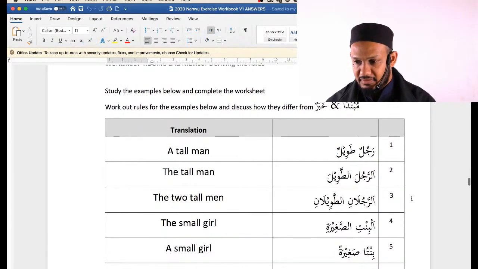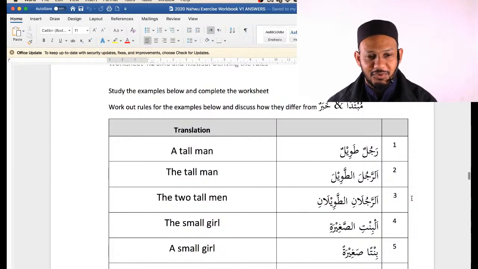So we're going to start here with our new lesson immediately, inshallah.